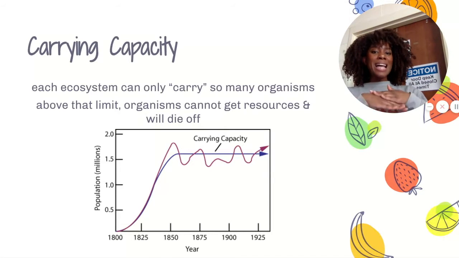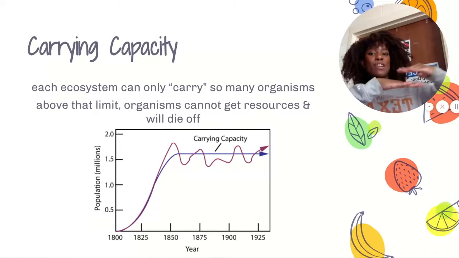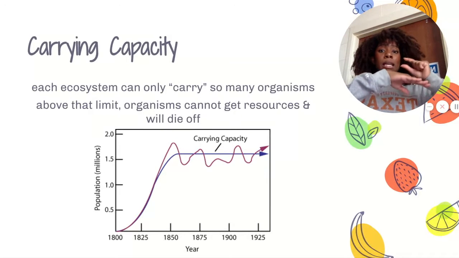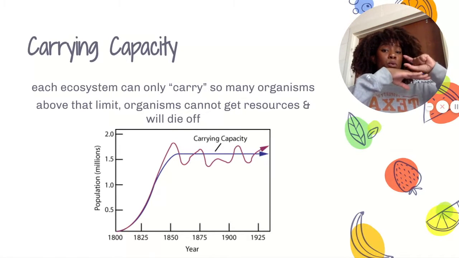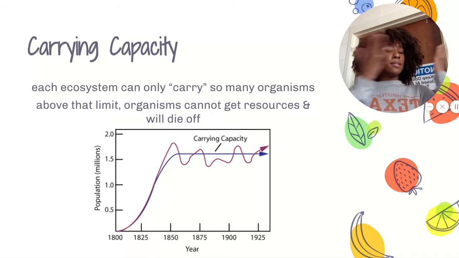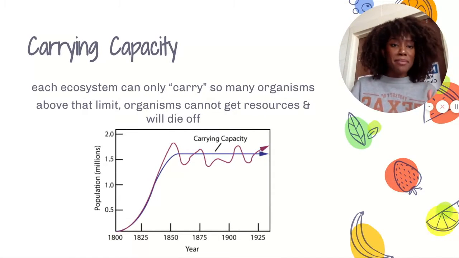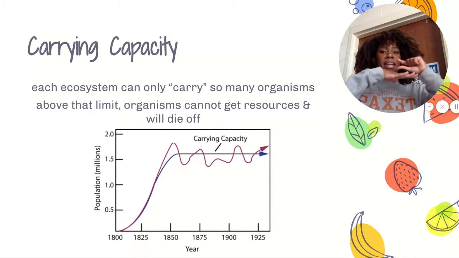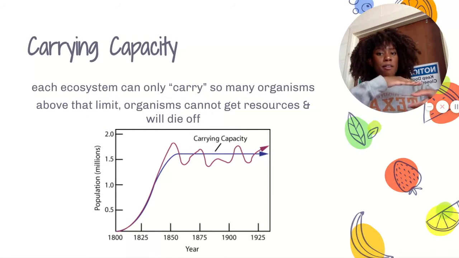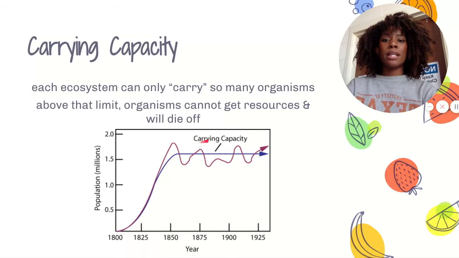And once you pass that limit that the ecosystem can carry, then organisms cannot get the resources they need to survive and they will start to die. Right? It's a bit morbid to say, it's a bit scary to say, but that is true. Organisms that cannot get resources will die off. So that's what this is called, carrying capacity.